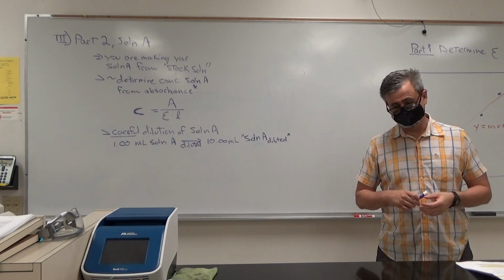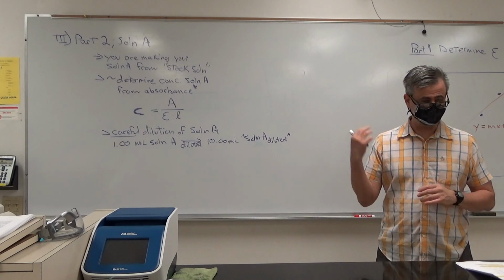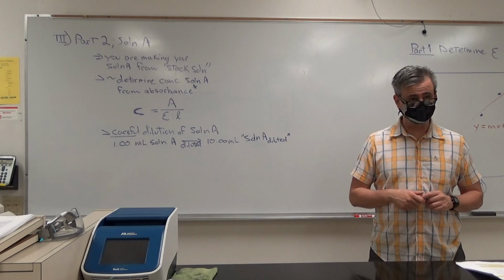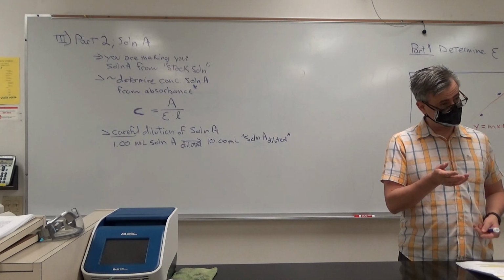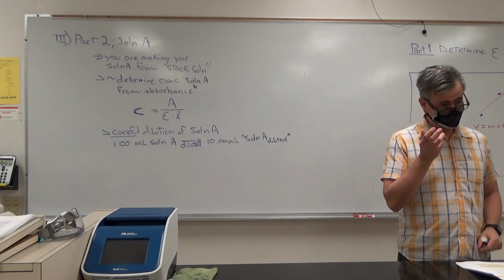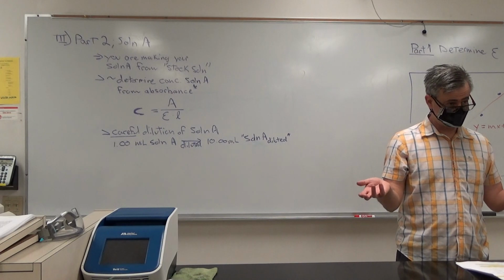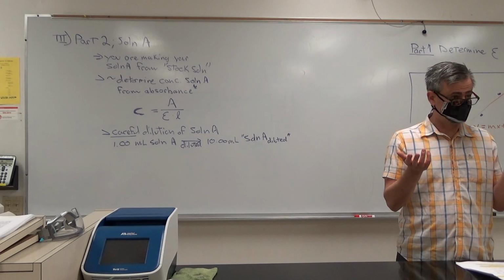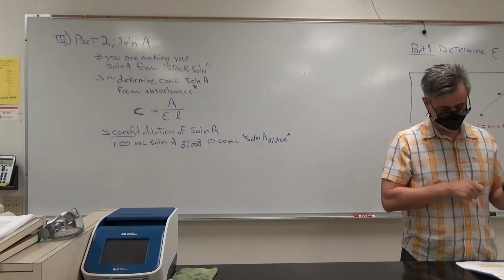Okay, you may have learned this: M1V1 equals M2V2 for that, right? If you know the concentration of either the diluted or the concentrated version of the solution, and you know the parameters that were used to do the dilution, you can figure out the concentration of the more concentrated.